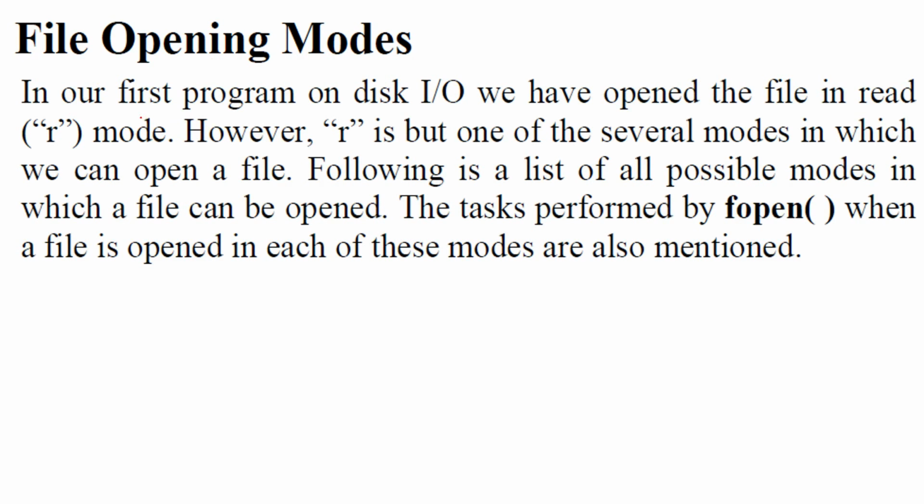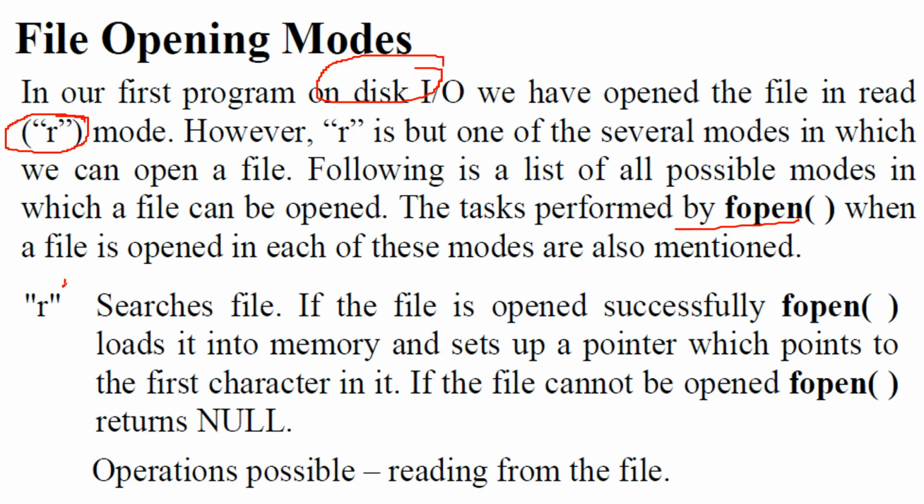First of all, we should talk about file opening mode. The file can be opened in different ways; it depends totally on your activity or application. So we are dealing with disk IO, and we can open the file in read mode. Read mode also has various flavors. With fopen, we can have various options like R, as we have just seen.